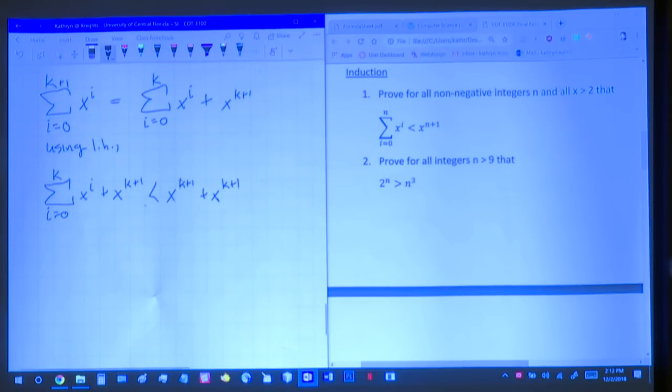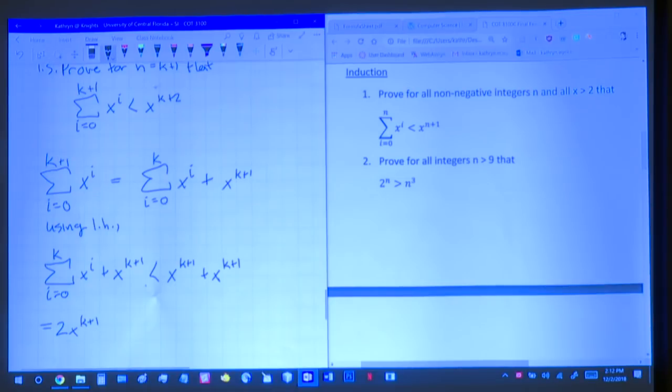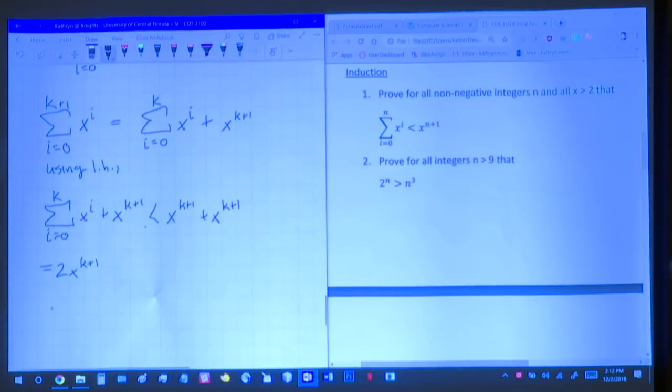And x to the k plus 1 plus x to the k plus 1 is equal to 2 x to the k plus 1. And back up here, we have x to the k plus 2, which is equal to x times x to the k plus 1.